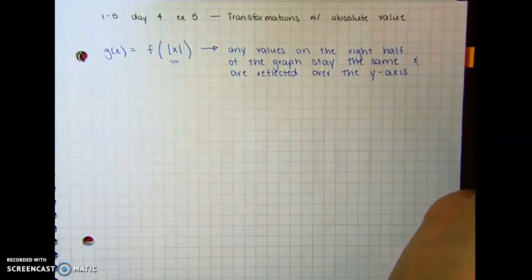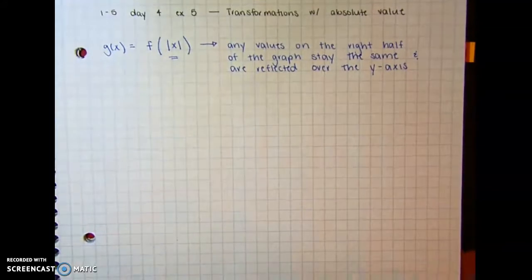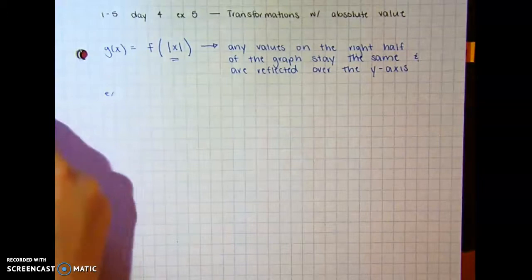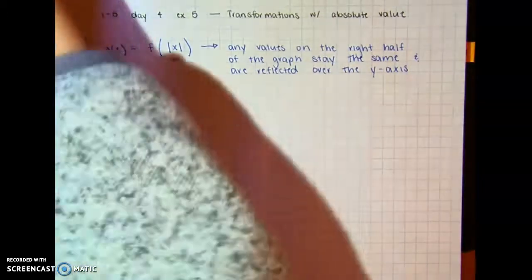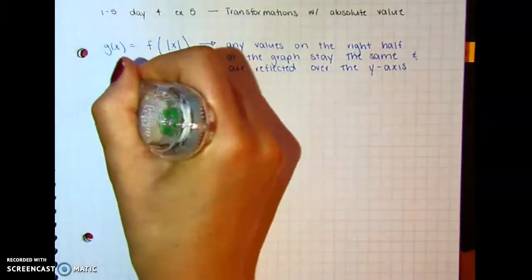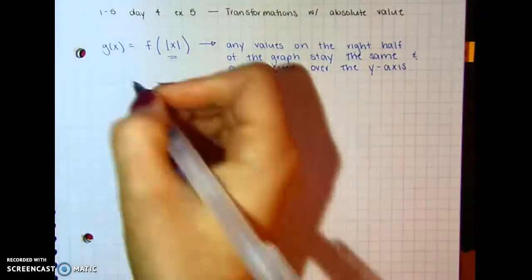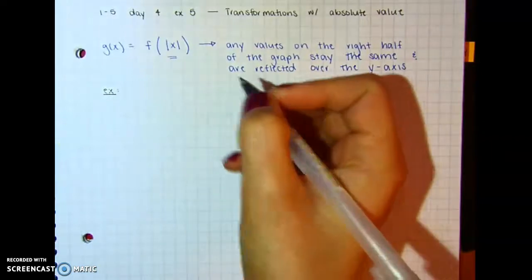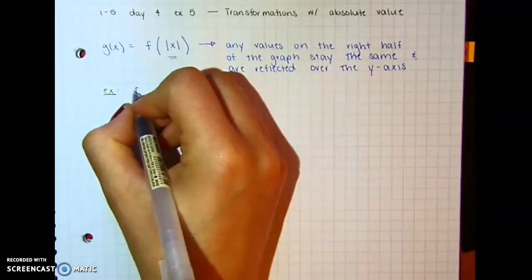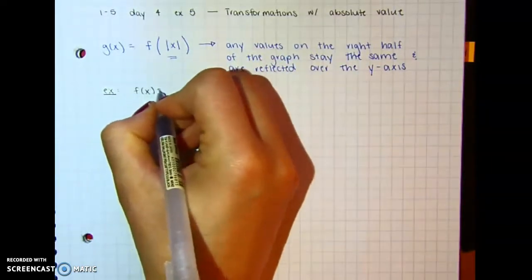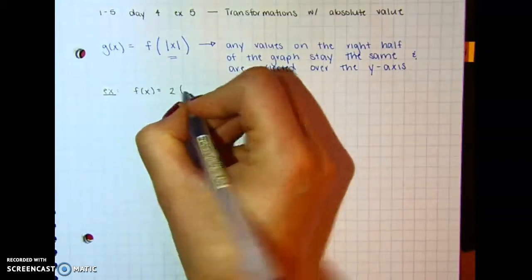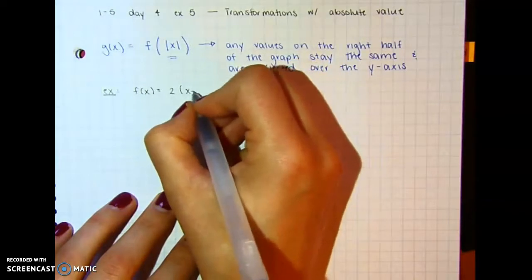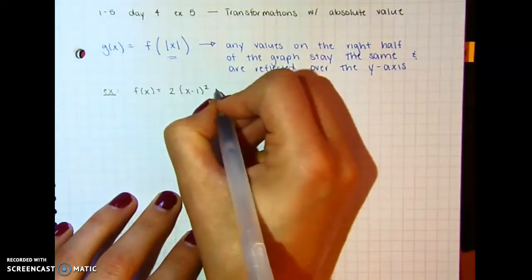Okay, so let's do an example. So if I want to graph f of x equals 2 times x minus 1 squared plus 1.